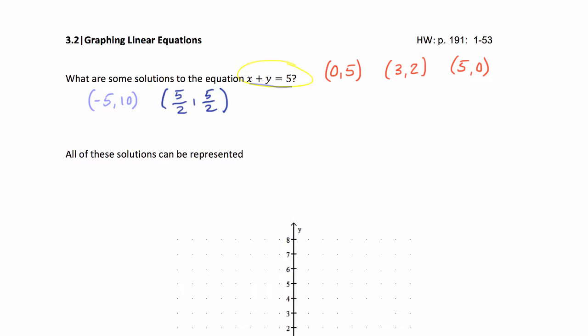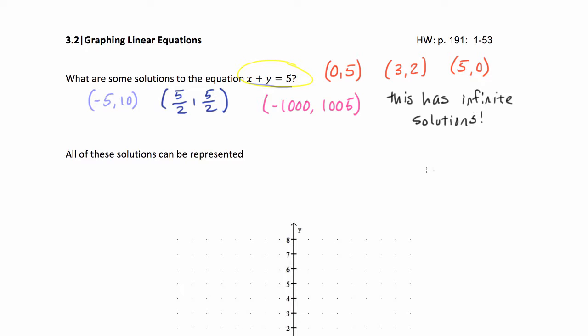And then, of course, there's an infinite number of these. I can have crazy things like negative 1,000, positive 1,005 is a solution. So this has an infinite number of solutions.